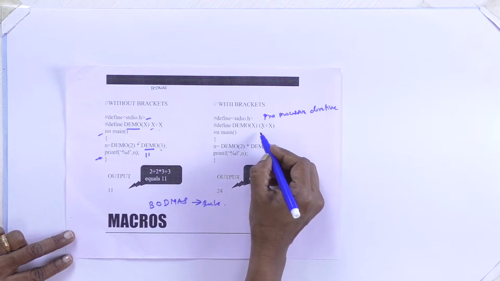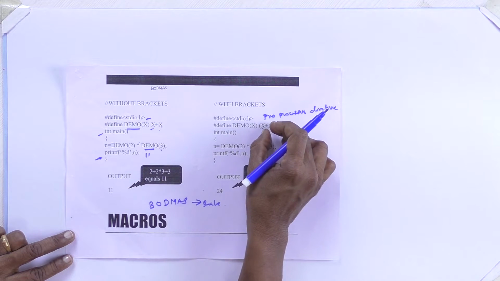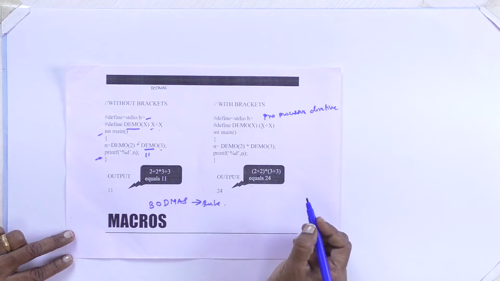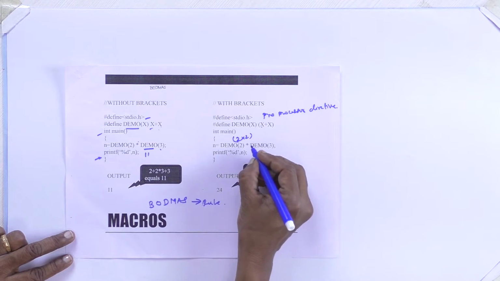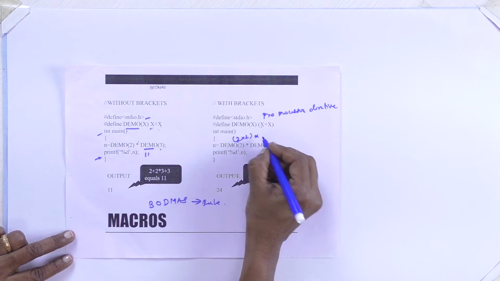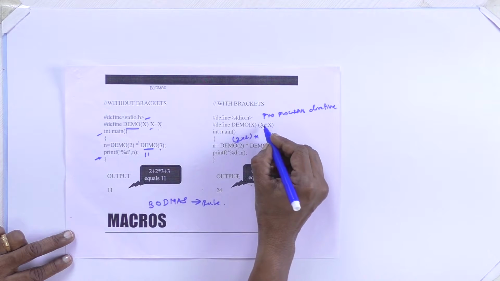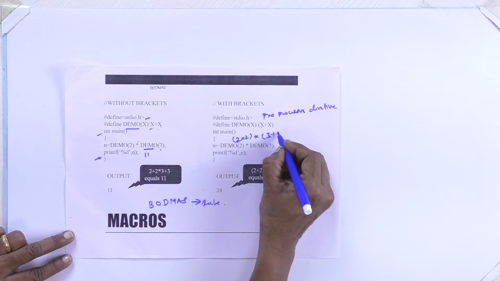So it will perform, since it is inside the bracket, the variables inside the bracket will be executed first. So it performs 2 plus 2. When it comes here, it is 2 plus 2, and here it is a multiplication sign, then demo 3. So here when it comes to this macro, it will take the value of x as 3, then it performs 3 plus 3.